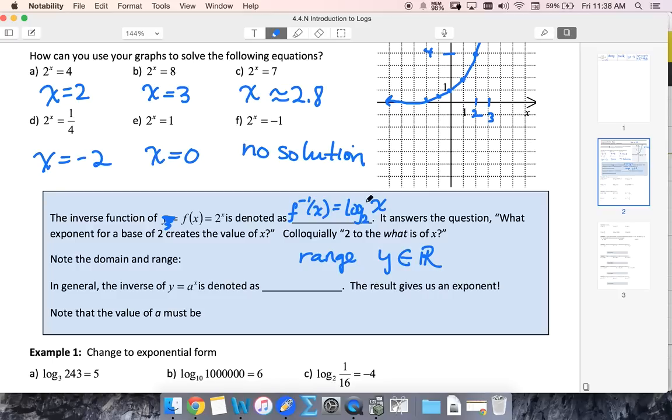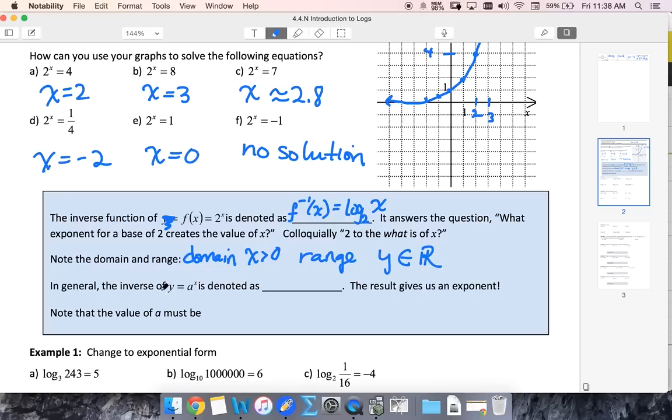This is the answer to the power. When you take 2 and raise it to a power, you're always going to get a positive number, never a negative. So the domain in this case for the log function is that x is greater than 0. Our base power also has to be a positive.